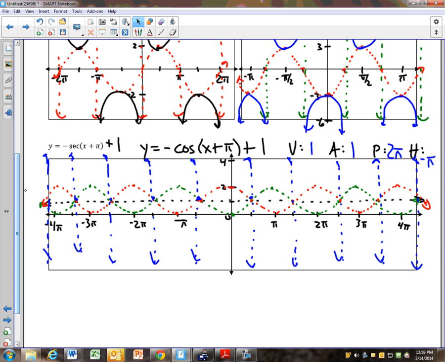If we tried plugging in values, for example, like -3 pi, or let's pick an easier one. Let's pick pi right here. So the graph, you see it at 0 right here. If you pick pi and plug it in, pi plus pi is 2 pi.